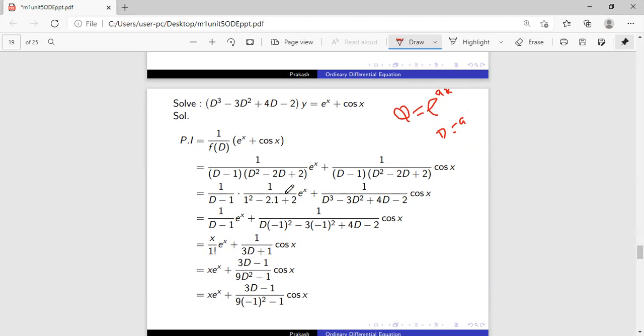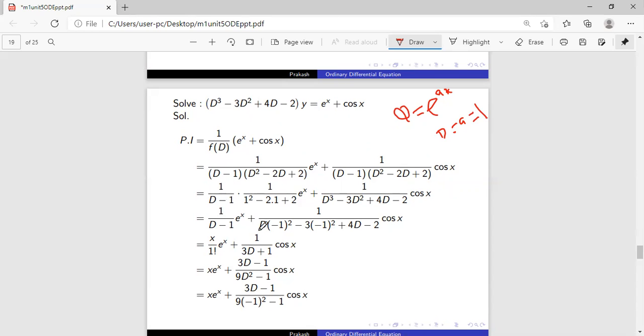In this term, I am replacing wherever D, with a equal to 1. Therefore, I will write 1² - 2·1 + 2 into e^x. But if you look at the first factor, 1 by (D - 1), if I substitute D equal to 1, it will be 0. Therefore, we can use the special formula.